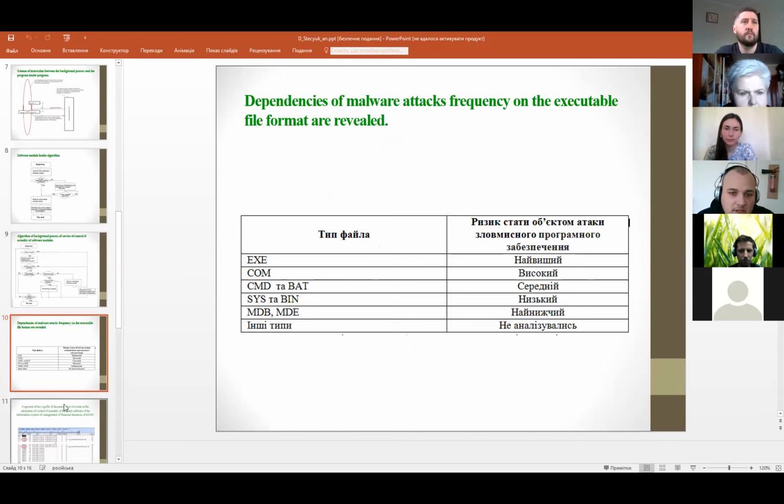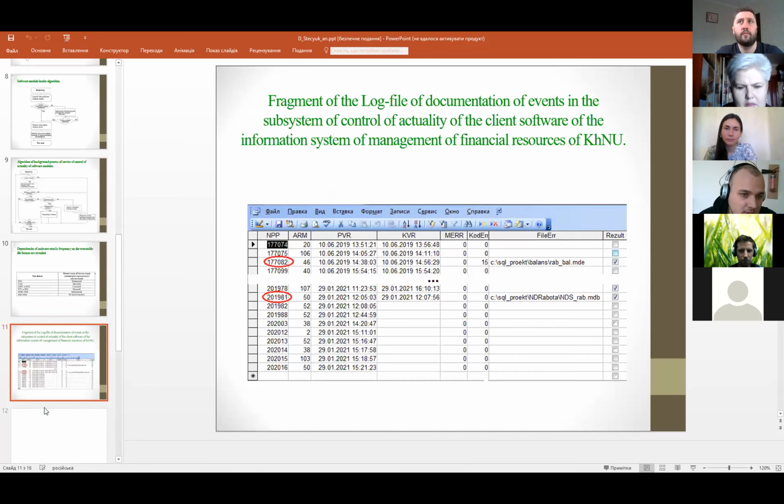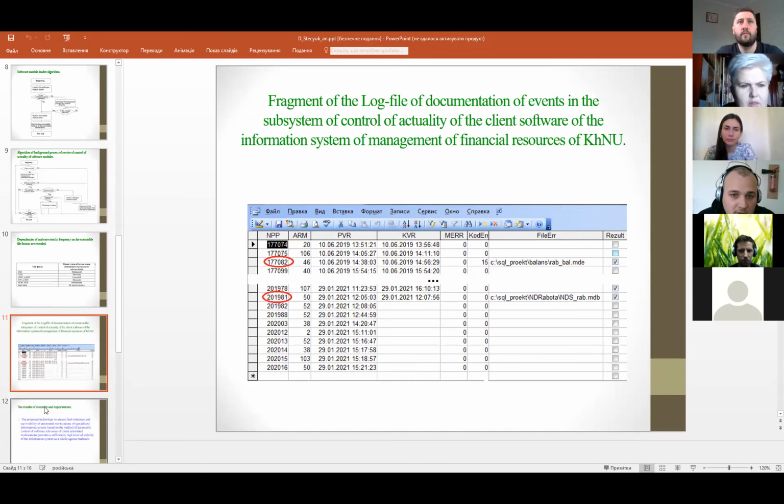Dependence of malware attack frequency on the executable file format is revealed. Fragment of the log file of documentation of events in the subsystem of control of actuality of the client software of the information system of management of financial resources of HNU.